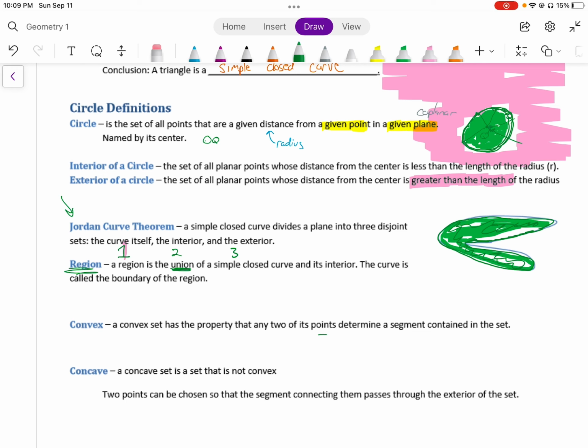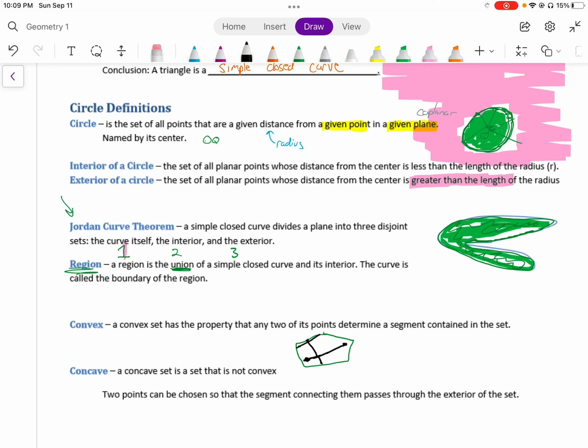So is this convex? Well, if we choose any two, not just two, any two points, if we connect those two points, is that segment still within the region? It is. And if I choose any two points, doesn't matter what two, it will always be in that region. So that's the definition of convex.